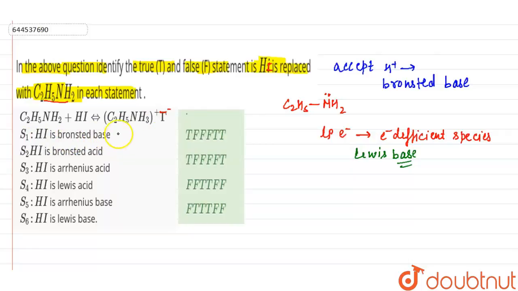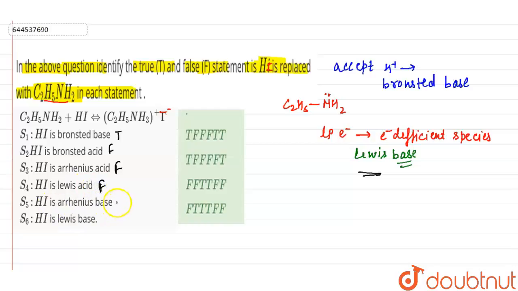So the first option is true. Second, Bronsted acid, not true, false. Third, Arrhenius acid: it cannot act as an Arrhenius acid, so false. The fourth one is Lewis acid: it cannot accept a lone pair of electrons, so it cannot act as a Lewis acid, false.